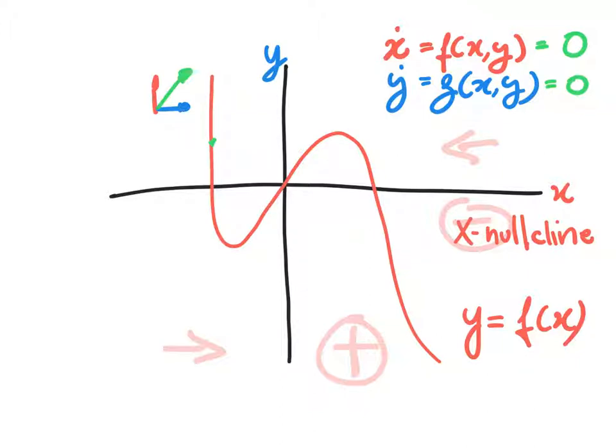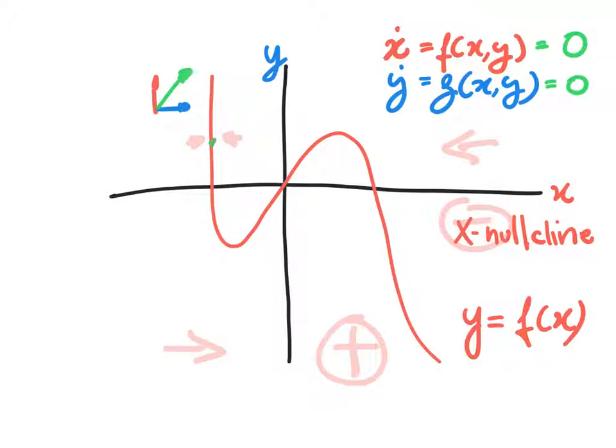So this state here is neither going to the right nor to the left, but states very close to it will move towards the right, the positive direction of x, and states very close to it from the top side of the curve will move in the negative direction.